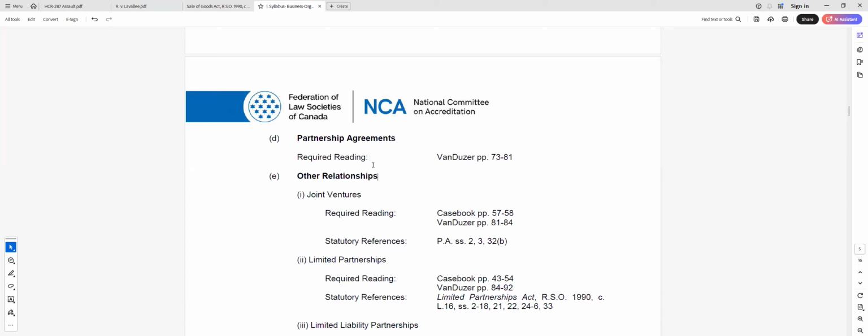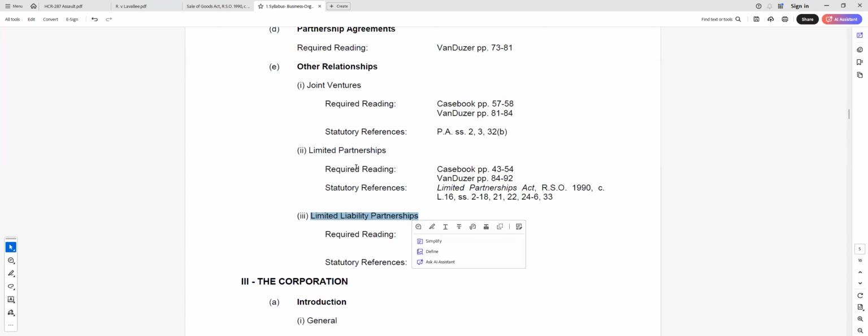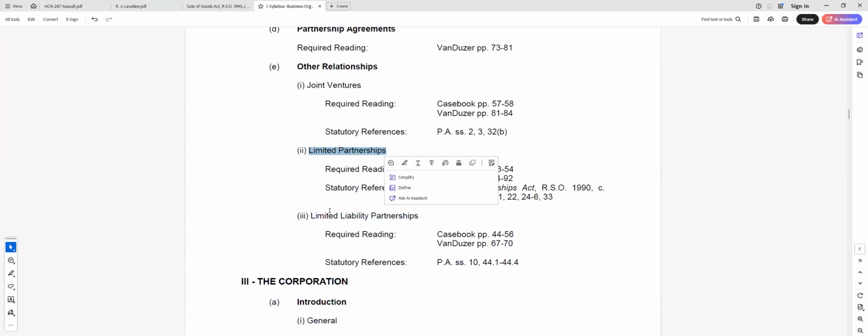We have seen in Ontario law particularly, it gives that leeway, or you can say it is very flexible in that part. And other relationships: joint venture, limited partnership, limited liability partnership. As I said, these are two different things. Sounds very similar, but limited partnership is different from limited liability partnership.